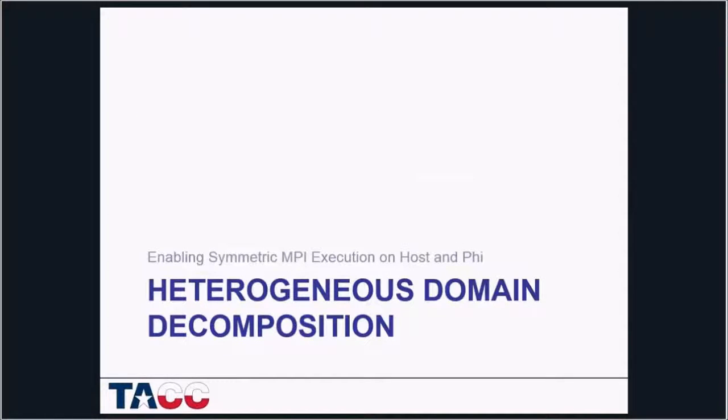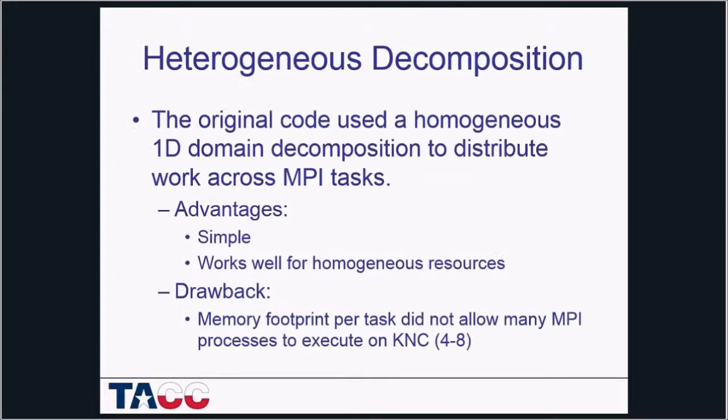So once we finished improving the performance of the sequential code, we decided it was time to finally tackle the problem of getting it to run on the MIC. The biggest problem with this was that the original code used a homogeneous domain decomposition to distribute all the MPI work, which is very simple and is very common for MPI codes. The problem is the memory footprint per task on Knight's Corner is very small compared to Sandy Bridge.